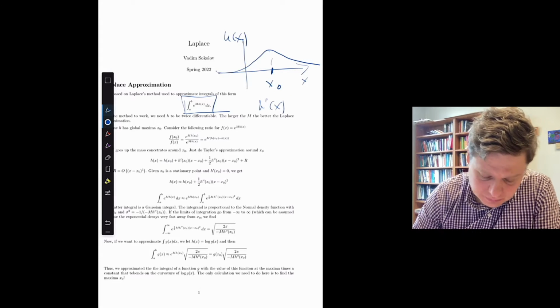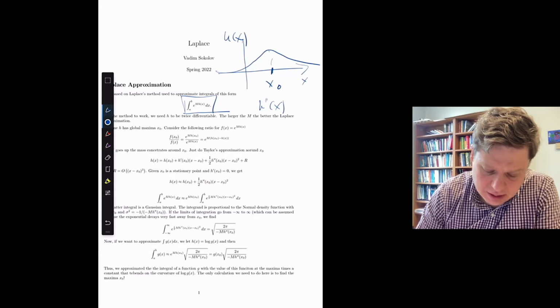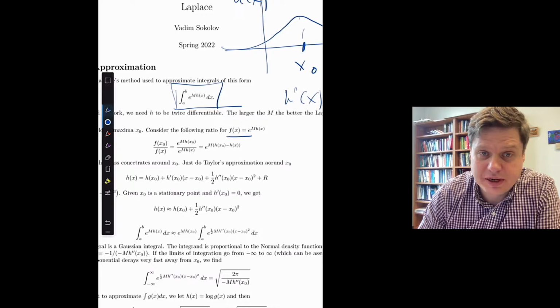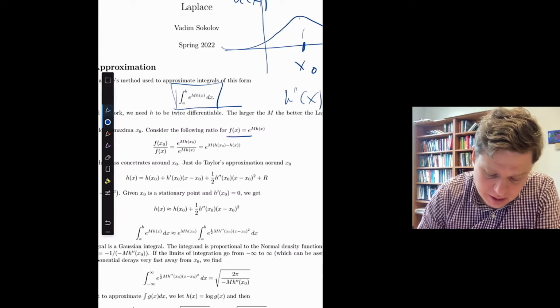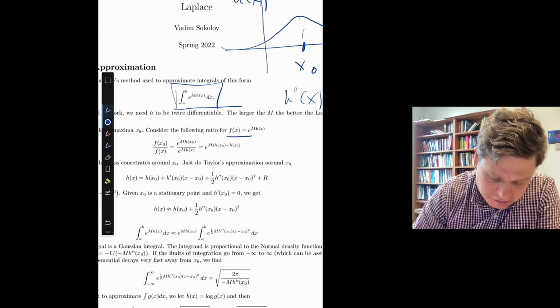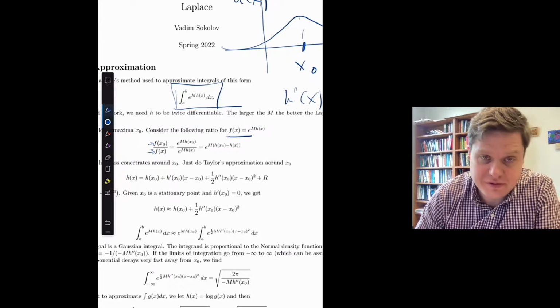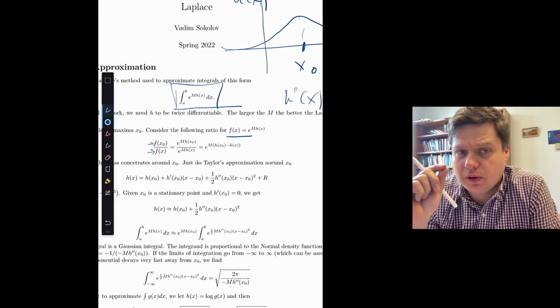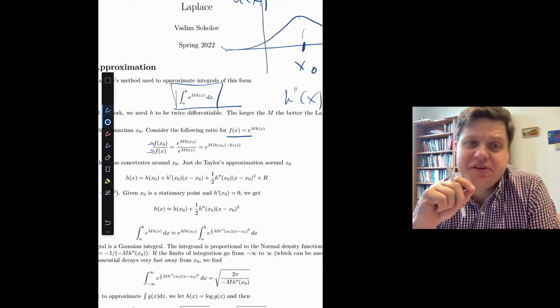And now let's look at the ratio. So we'll introduce a new notation. F of x is just this exponent of m times h of x, and we will look at the ratio of f of x0 and f of x. And what you can see, essentially, this parameter m plays a role of something like 1 over the variance.